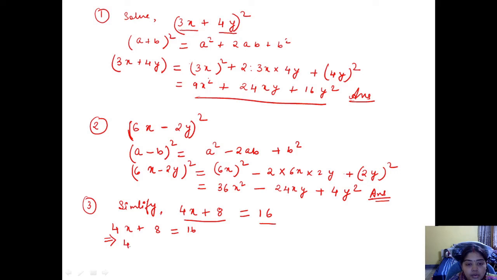What we can do, we are going to take this 8 to the other side, that is the right hand side. When we take it to the right hand side, its operator will change. So we will write it as 16 minus 8, which will give me 8.